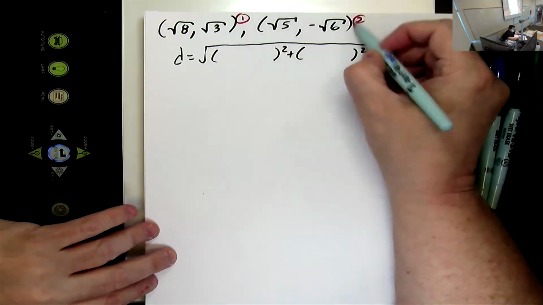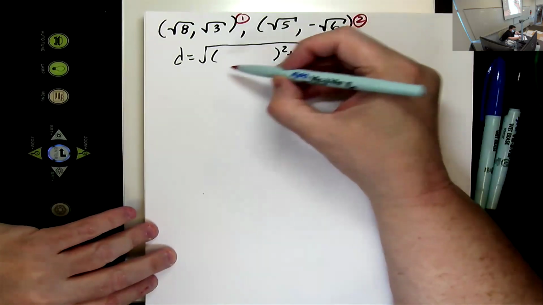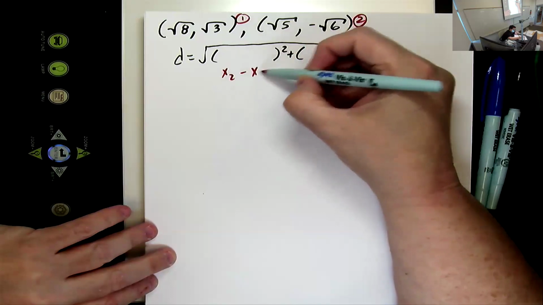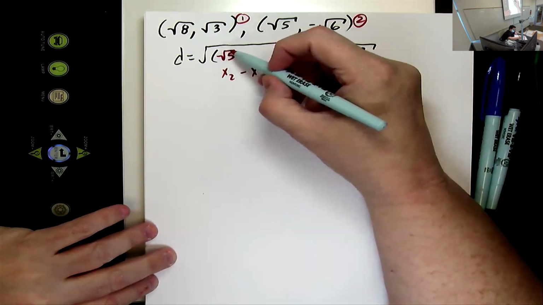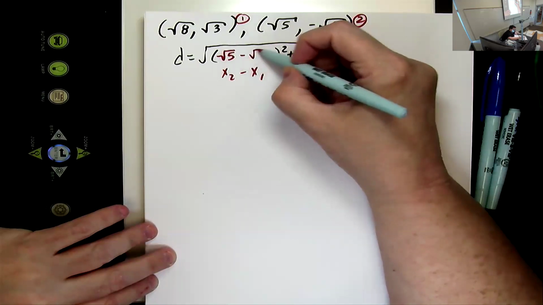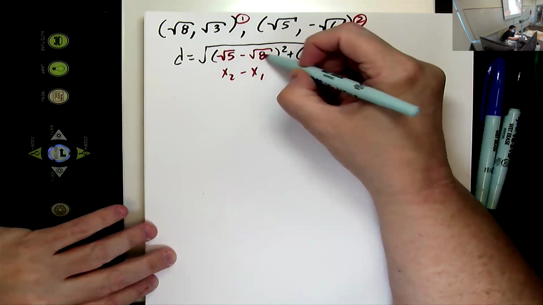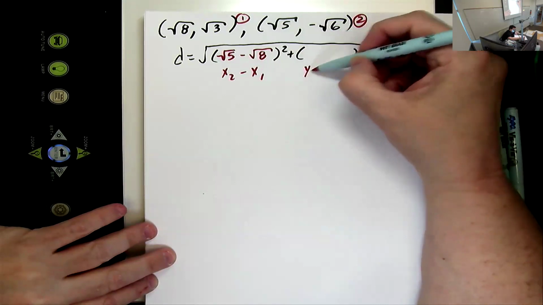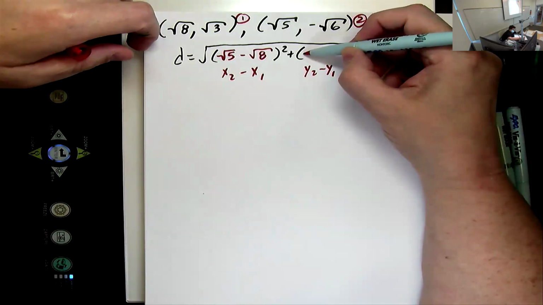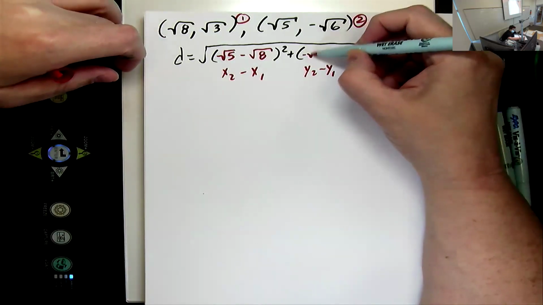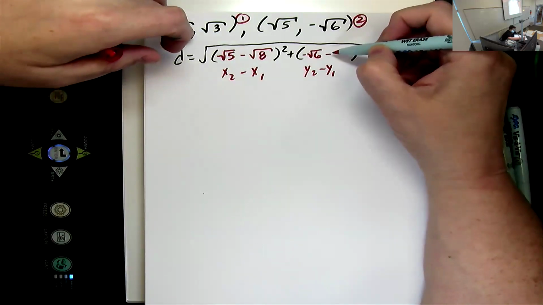That's 1, that's 2. So we're doing x2 minus x1, so square root of 5 minus square root of 8, plus, and that's y2 minus y1, negative square root of 6 minus square root of 3.